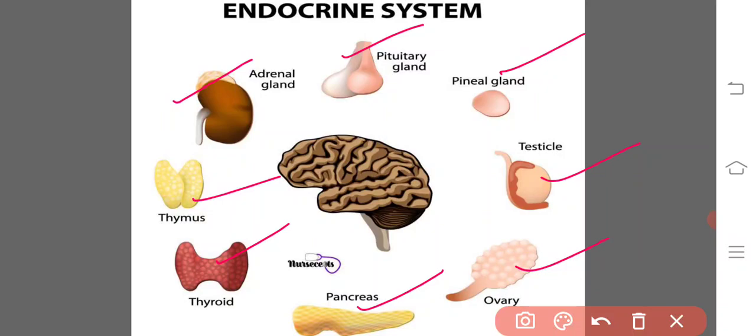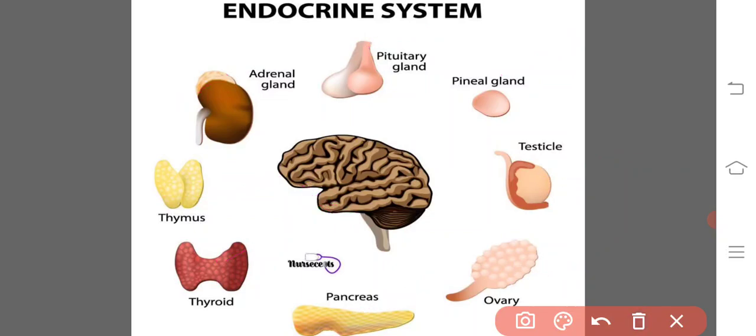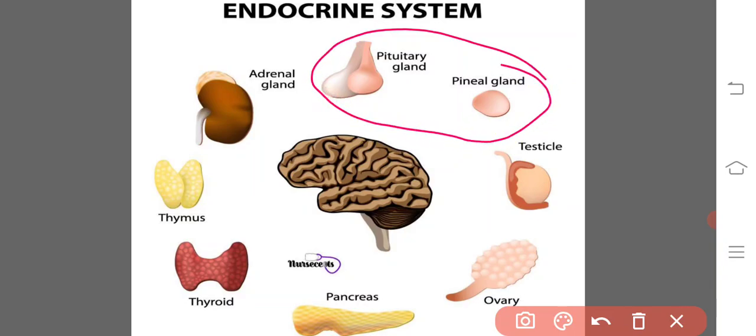And moreover, the hypothalamus. The hypothalamus is part of the brain and comprises nervous tissue. The pituitary and pineal glands are the pure endocrine glands that are closely associated with the hypothalamus.